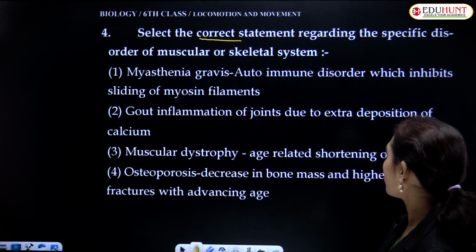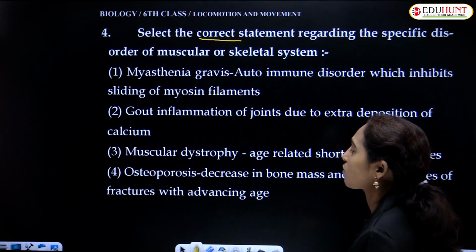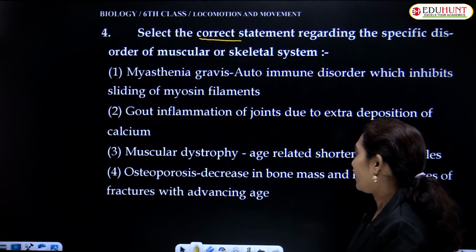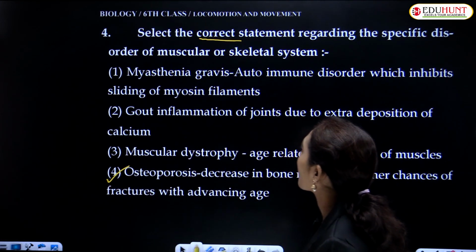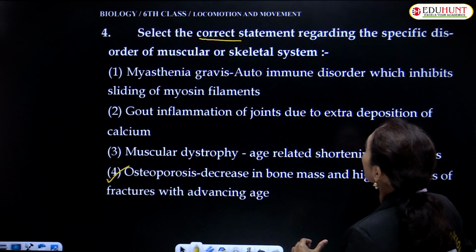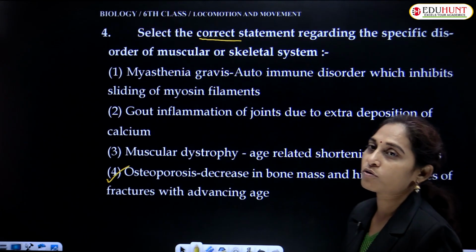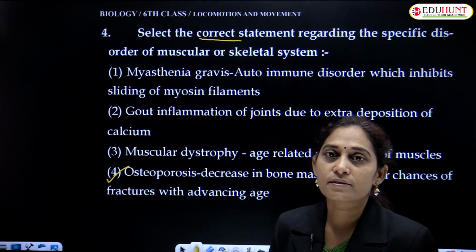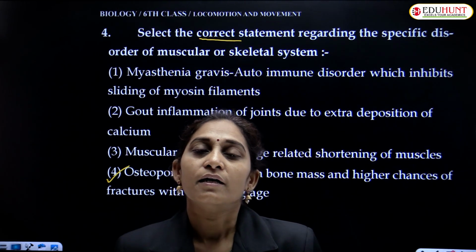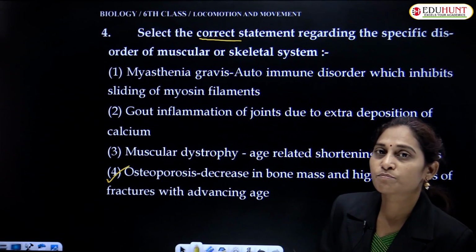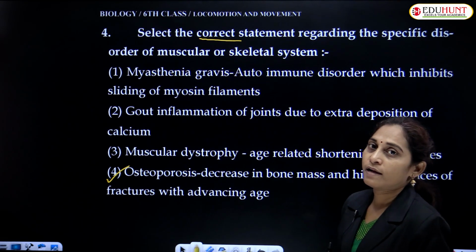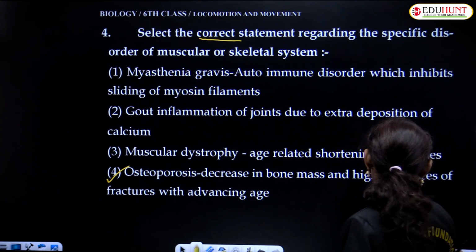Osteoporosis is decrease in bone mass and higher chances of fractures with advancing age. Among these four, the fourth is the correct answer, because osteoporosis is quite common in elderly people. It comes with age, the bone mass decreases and bone fractures are quite common in these people.